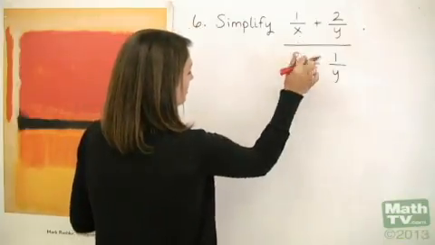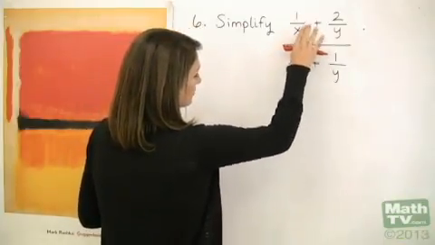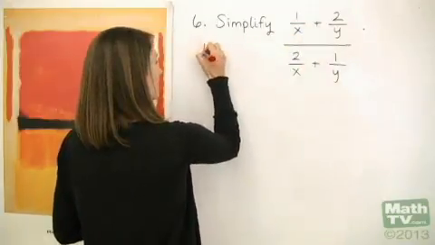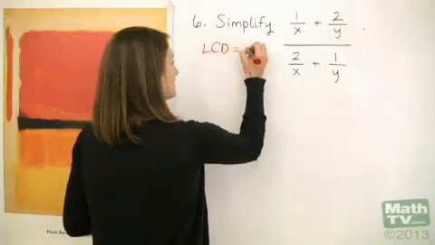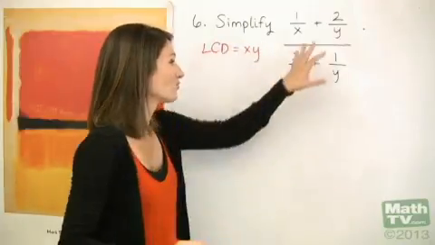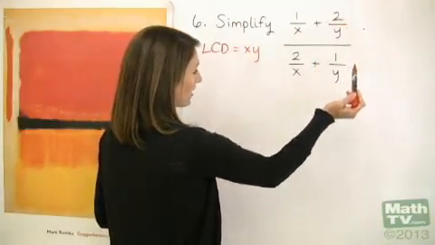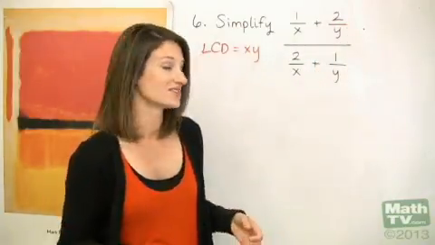So here if we look, our denominators in both the top and the bottom have either an x or a y. So simply our LCD is xy. Now in order to simplify this expression, we multiply both the numerator and the denominator by our LCD.